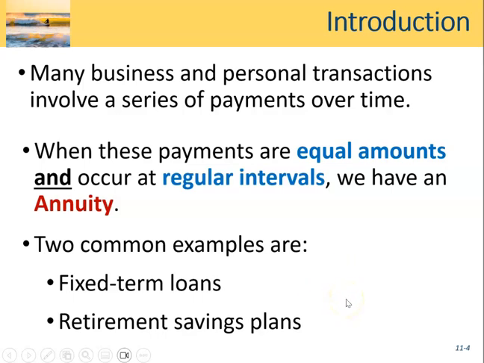And two common examples, as I mentioned, were a fixed term loan, which would be a fixed term, right? You have a car loan for 5 years. You have to pay the loan off within 5 years. Or a mortgage for 20 years. You have to pay it off within 20 years. Or a retirement savings plan. You're going to contribute to that savings plan for the next 40 years if you're 20, so till about 60.